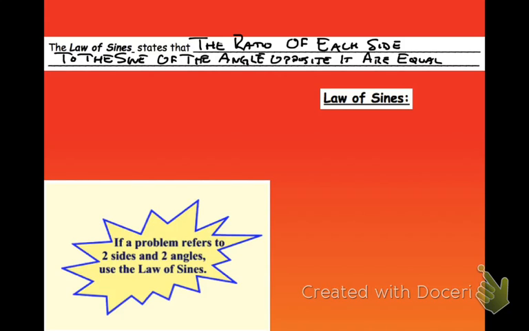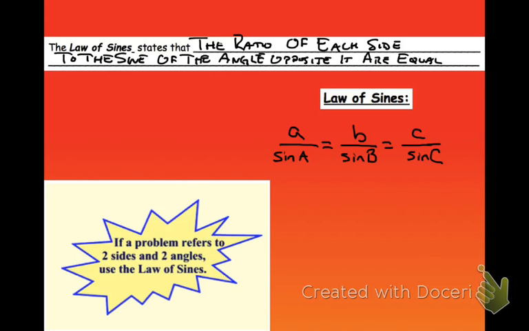So what that says in terms of a formula is that if you take ratios, which are fractions, of each side to the sine of the angle opposite it, so you'd have sine of A, sine of B, sine of C, these are all equal.